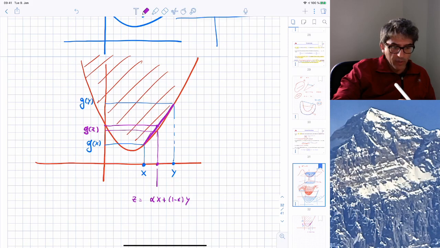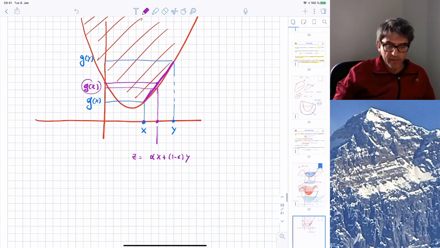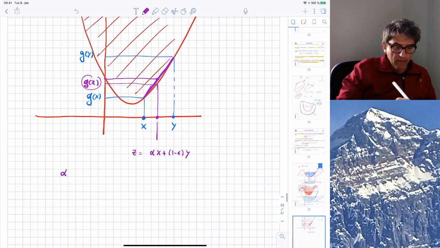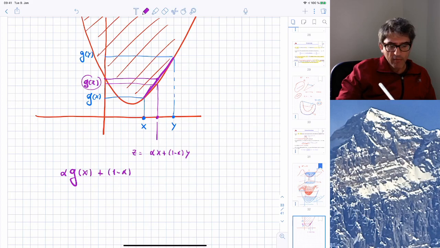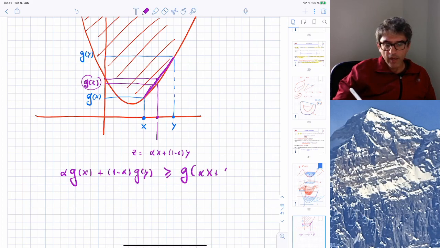And this point, this convex combination, will always be above this. So you have that alpha g of x plus 1 minus alpha g of y is greater or equal than g of alpha x plus 1 minus alpha y.